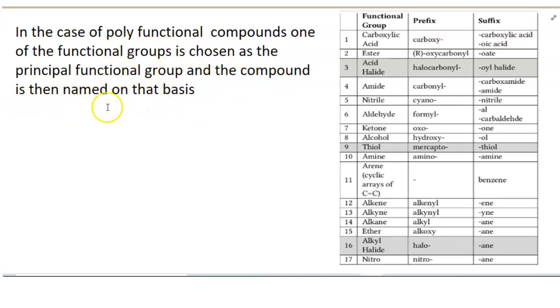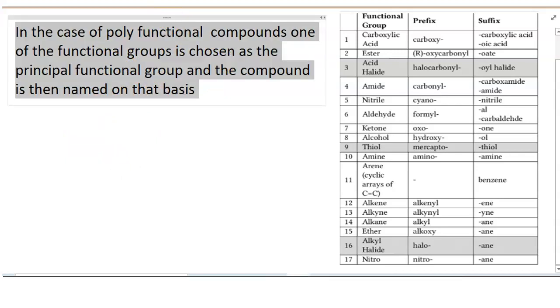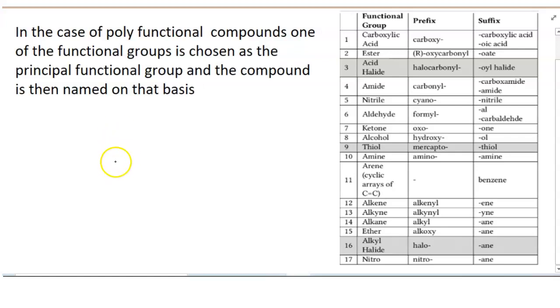So friends, now if we see, when the compound has many functional groups, like this is one example: HO-CH2-CH2-CH2-CH2-CO-CH3.